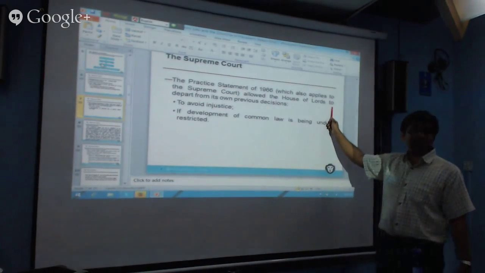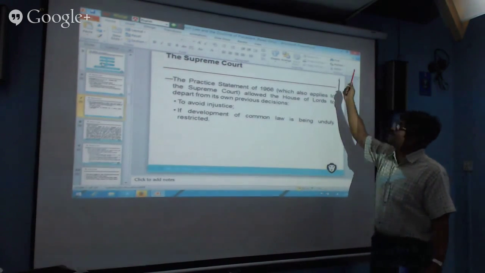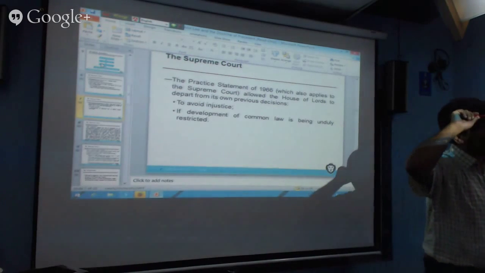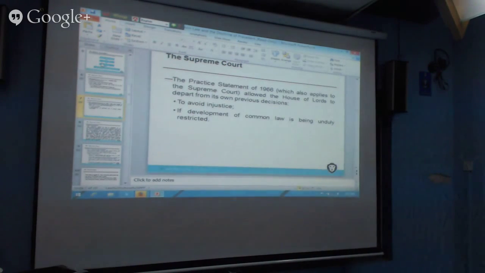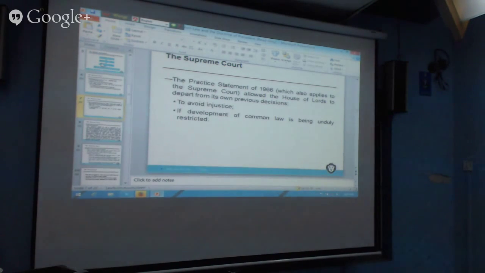For the House of Lords. Now it clearly says which also applies to the Supreme Court. The thing which was applied to the House of Lords is now also applicable to the Supreme Court. What was the House of Lords allowed to do? The same thing the Supreme Court will be allowed to do. Am I right?